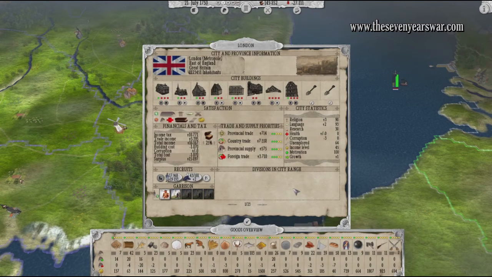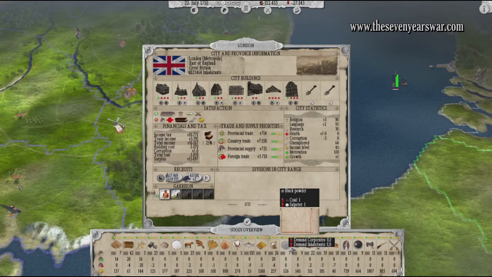If you click on this city menu, you can see an overview of the available goods. If you move your mouse over, you can see additional information about the resource, for example, what kind of resource it is and what kind of pre-goods you need to produce these goods.